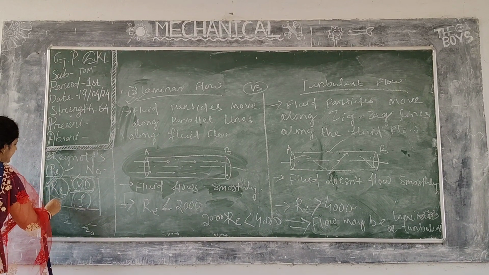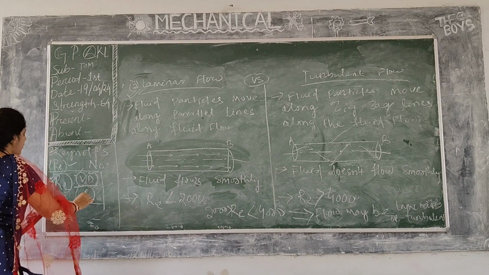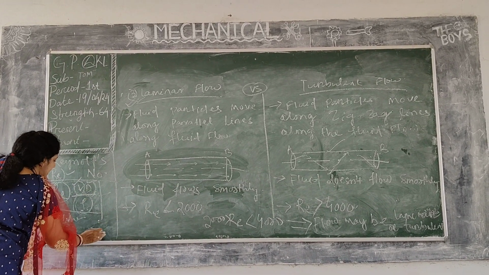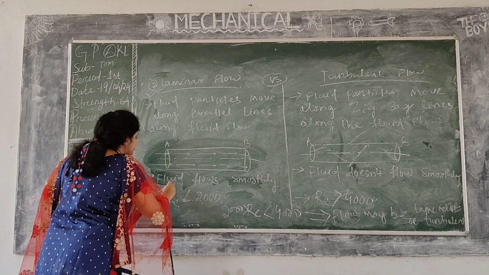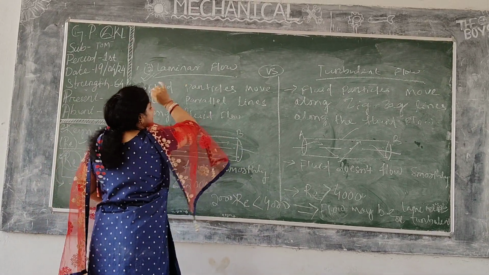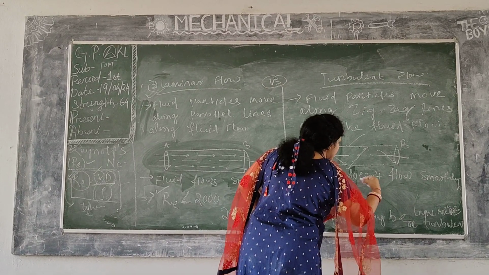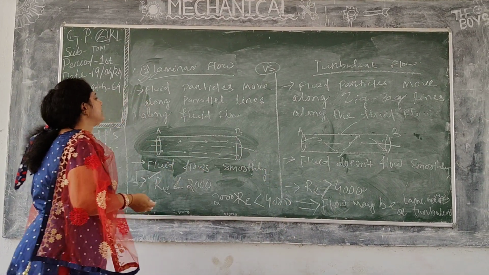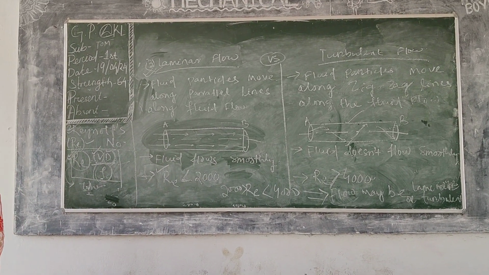Then we can write the formula where this is this. I have already told this, we have to write it down. Then we can mention if Reynolds number is less than 2000, then it is a laminar flow. Reynolds number greater than 4000 is a turbulent flow. And in between 2000 and 4000, it may be laminar, may be turbulent.